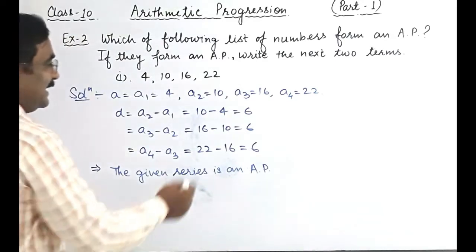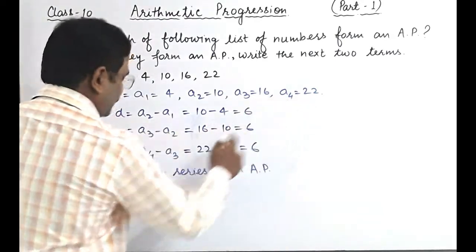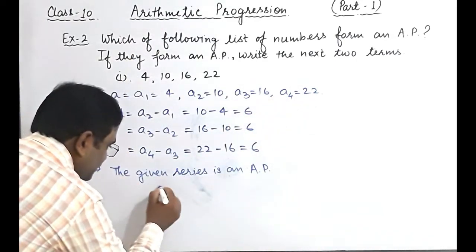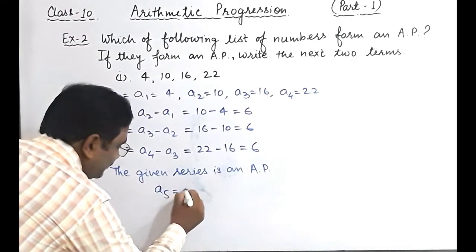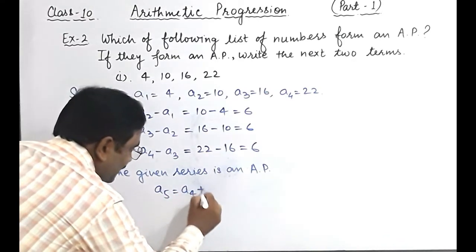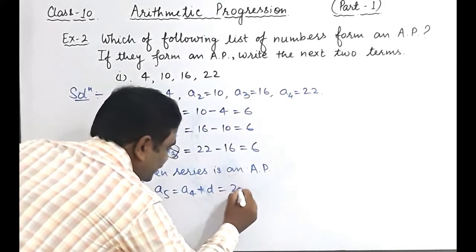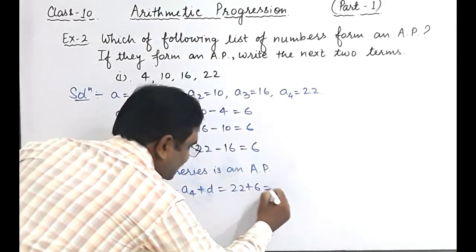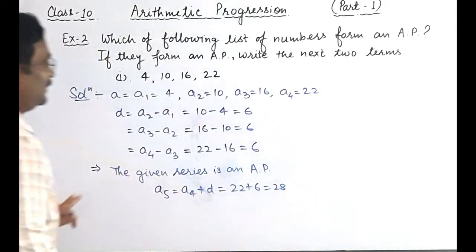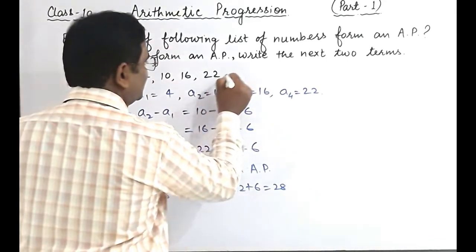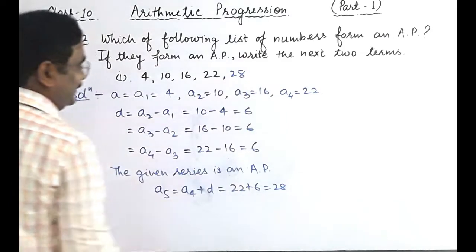As a4 is 22, the next term is a5. It can be written as a4 plus the common difference d, which is equal to 22 plus 6, that is 28. Right? So the next term of this is 28.